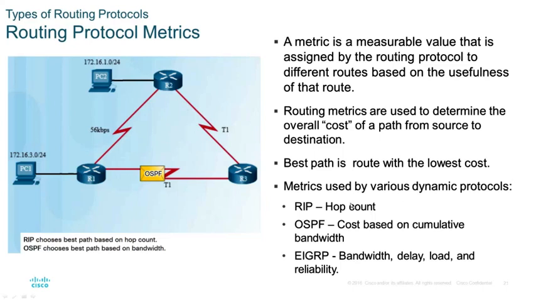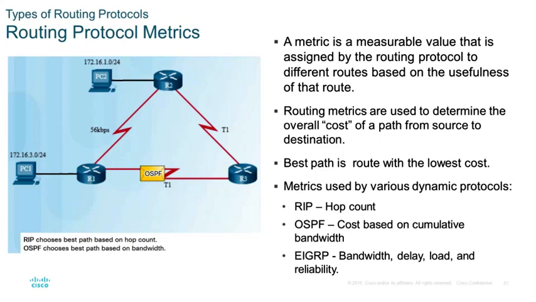EIGRP does something very similar in essence to what OSPF does, but it also has additional variables that it calculates based off of, besides just bandwidth. So it also factors in the following, which is delay, load, and reliability. For the most part, you don't need to worry about it.